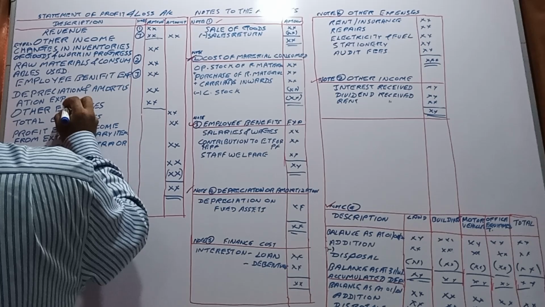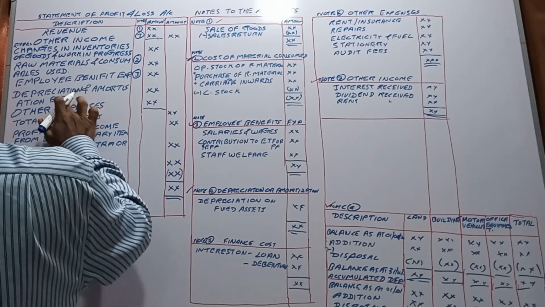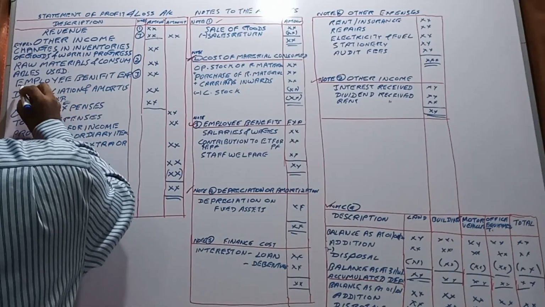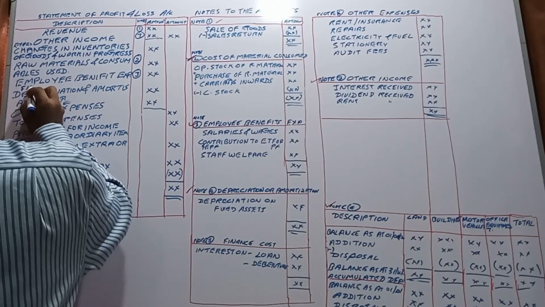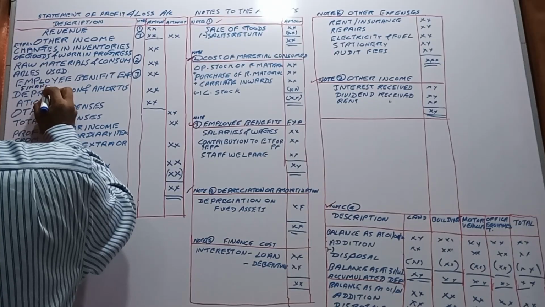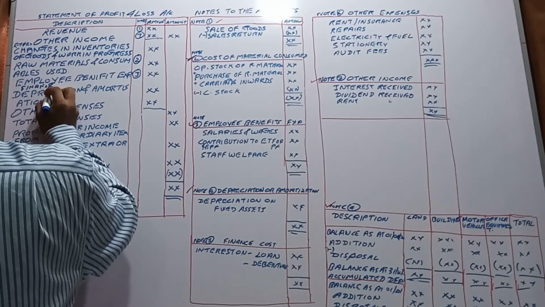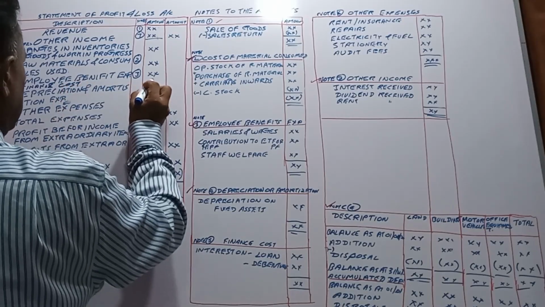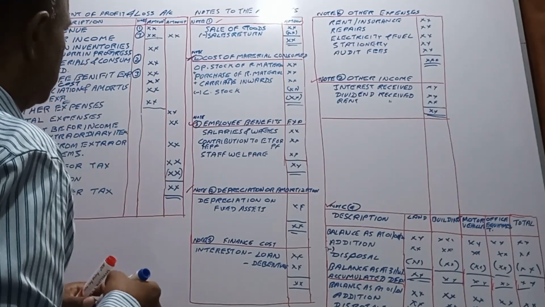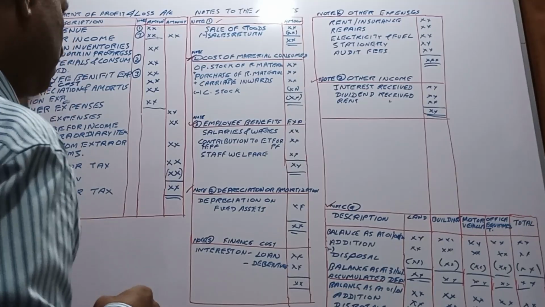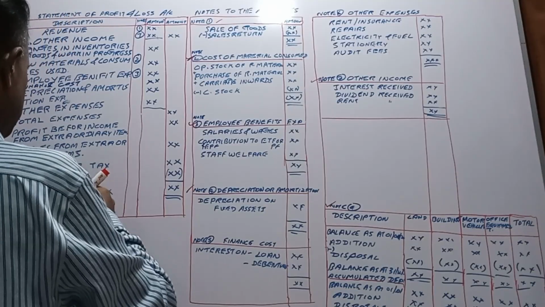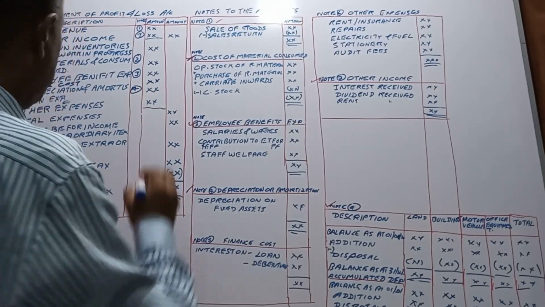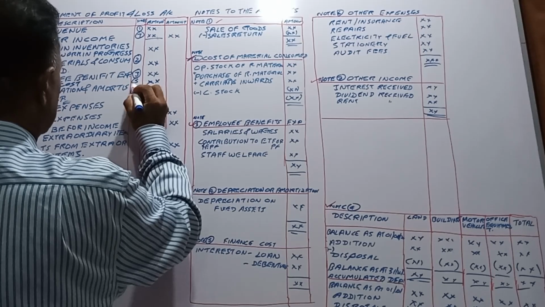Here you have to say finance cost. This is finance cost. Fourth one is depreciation, and fifth one is finance cost.